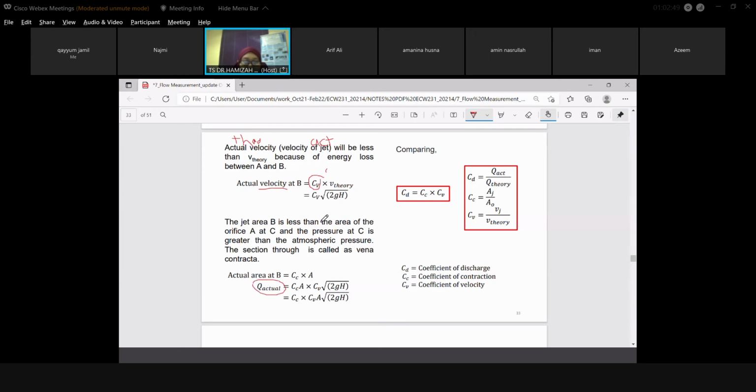Okay, so another point untuk orifice, kita ada CC, coefficient of contraction. Okay, CC ni adalah coefficient for area. CV adalah coefficient for velocity. CD adalah coefficient for discharge.